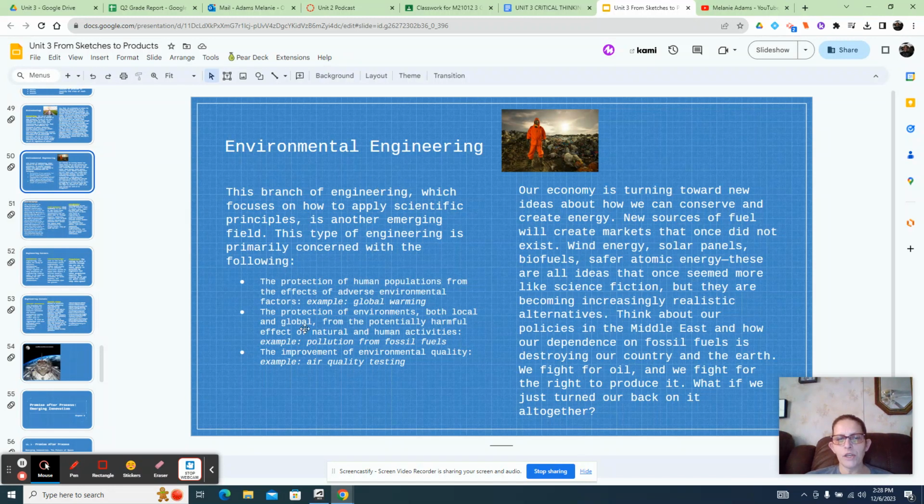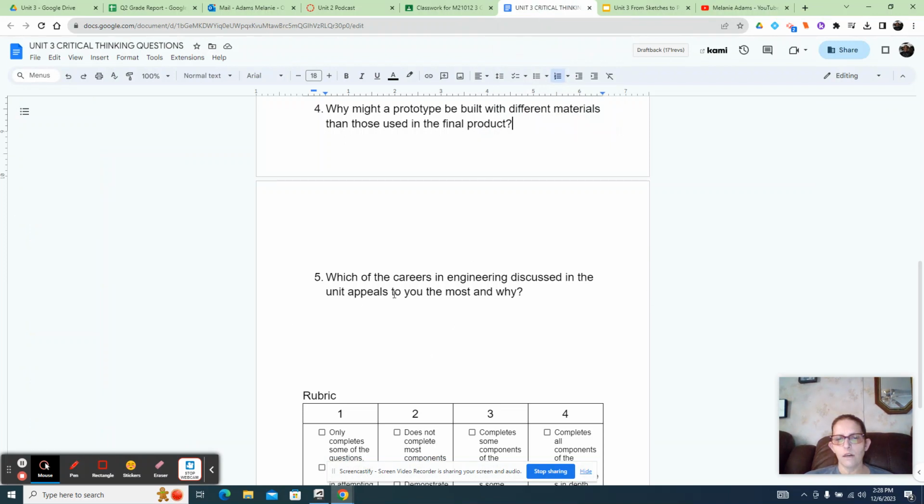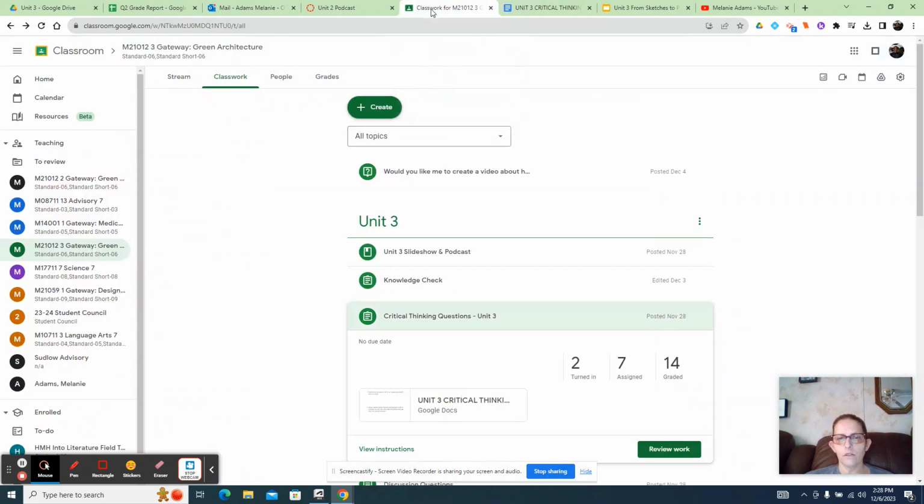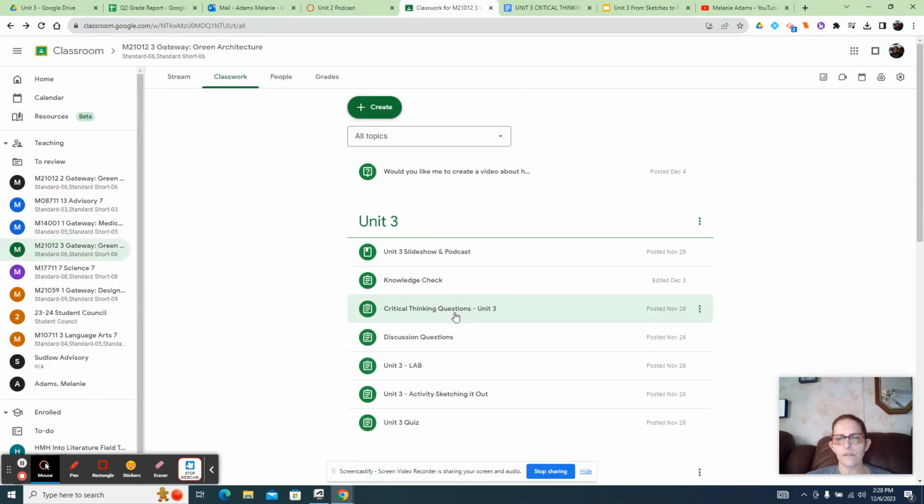Personally, environmental engineering is what, if I wasn't a teacher, this is what I would want to do with my life. I would love to go out and save the universe from potentially getting polluted by everybody and their brother. But that's not how it worked out for me. So that's a you question. So this is 100% no right or wrong answer here, just as long as you answer it. Okay, so that's the critical thinking questions.